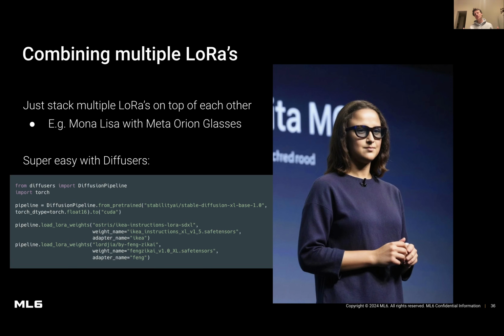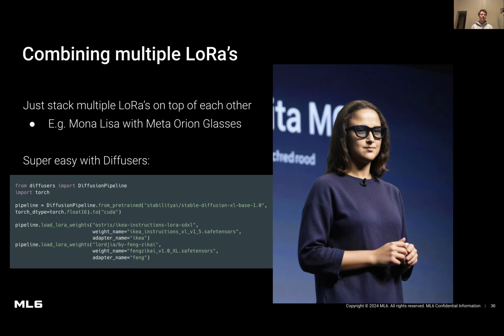You can simply just combine these two LoRAs, and then you can generate the Mona Lisa wearing those glasses. So this is shown over here, again from that same source on Twitter, which I'm following a lot. And yeah, this basically allows you to just do a summation of two concepts, like in this case the Mona Lisa with those Meta Orion glasses. And again, it's super easy to do with the diffusers library.